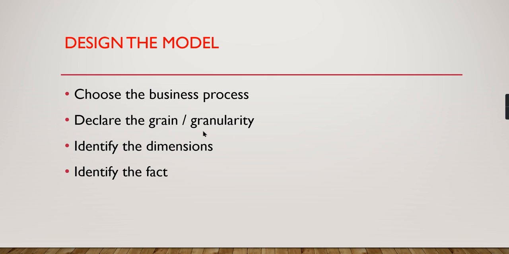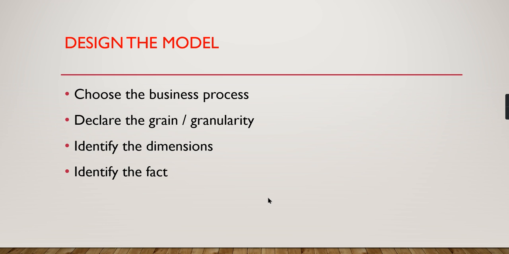So you can decide what granularity you need to store your data in the data warehouse. Mostly the granularity will be the day and the product level, which product has sold. These are the things you need to identify initially for designing. Then you need to identify your dimensions and your facts. I will cover how to classify facts and dimensions in the next video, explaining the star schema. Just understand this is the process.